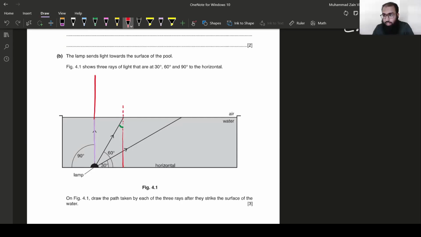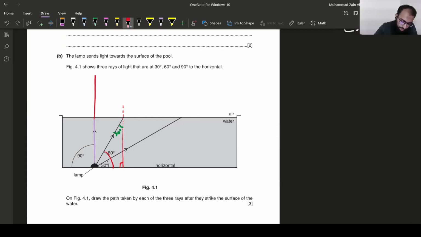So a simpler way to do this: I know this is a triangle and I know this angle to be equal to 60. And I know this to be equal to 90. So if it's a right angle triangle, this angle, green, should be equal to 30 degrees. Since it is equal to 30 degrees, it is lesser than the critical angle, so refraction takes place and it moves to the other medium.